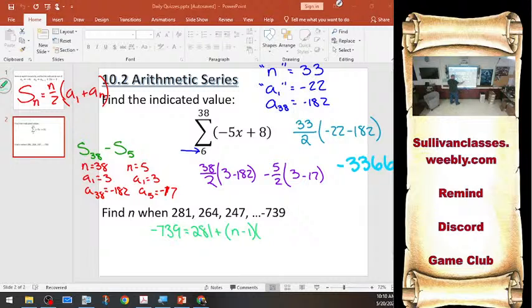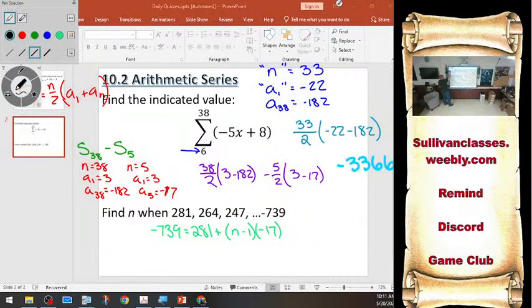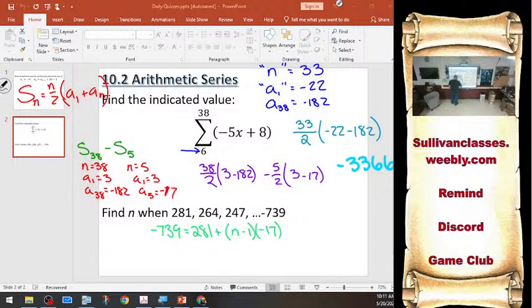This term minus that term, or this term minus that term, they should be the same thing, negative 17. So I distribute it. Combine like terms, negative 739 is, what's that, positive 17, so 298 minus 17n. Subtract, divide, n is who? I heard a bunch of 61s. Sounds right.